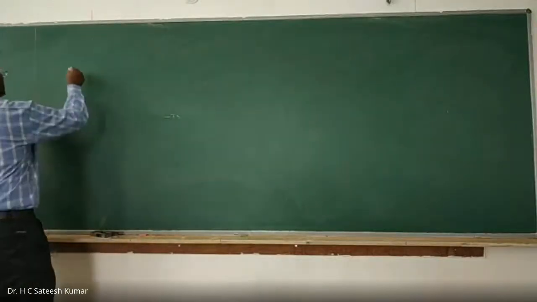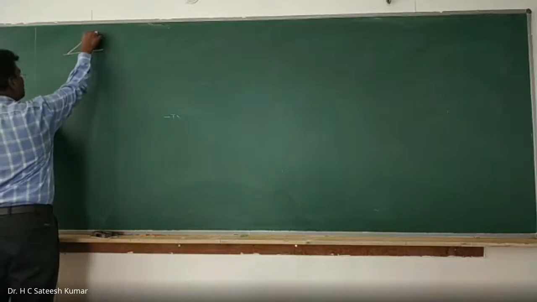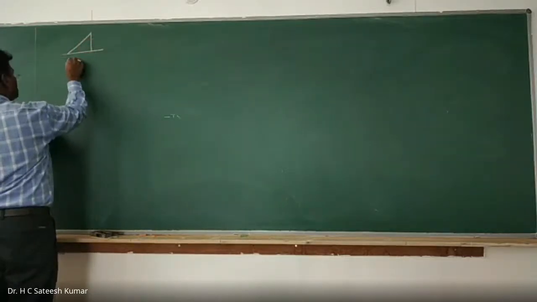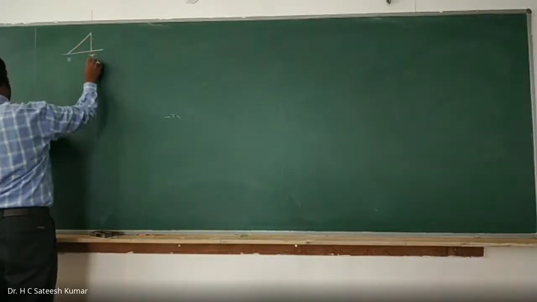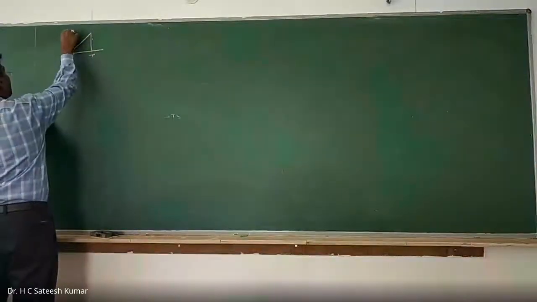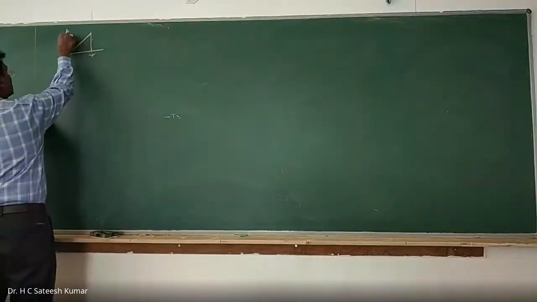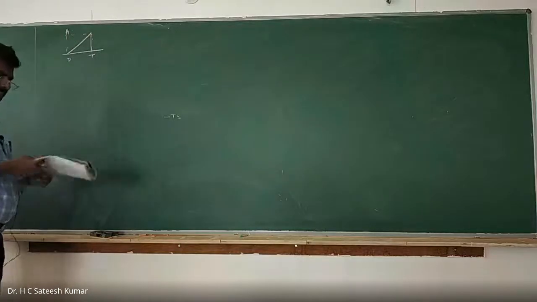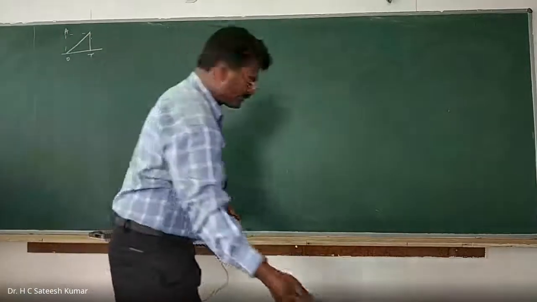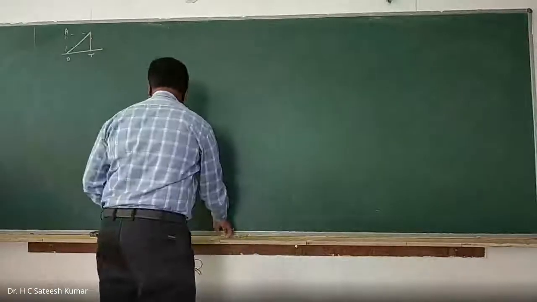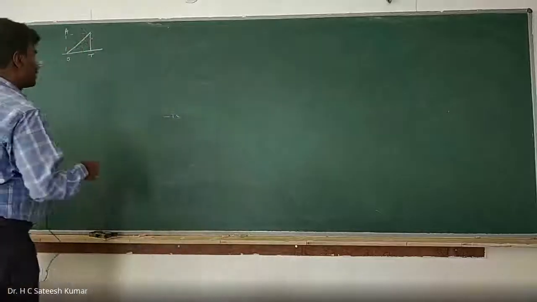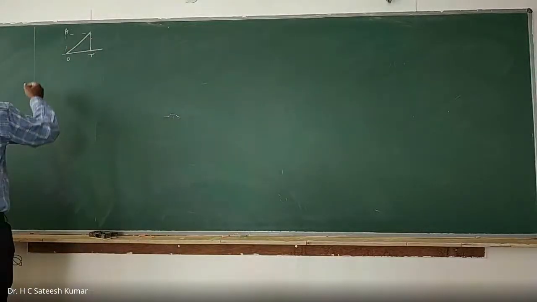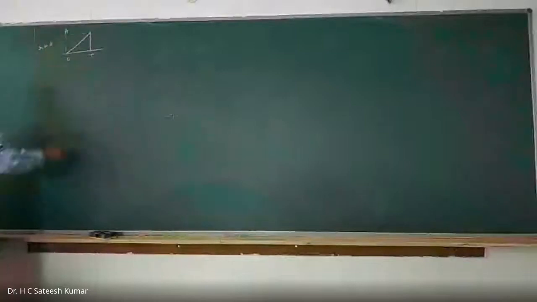Find the Laplace transformation of a sawtooth waveform shown in the figure, with 0, T, and A marked. Carefully you should do it. This is an examination question which is repeated thrice in the examination.